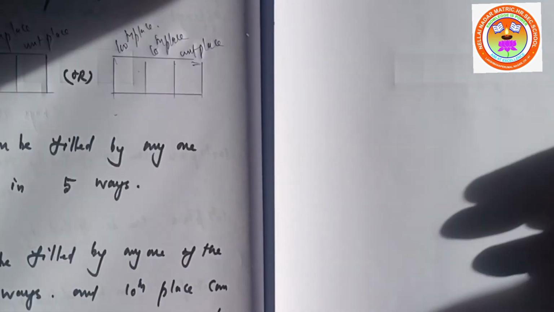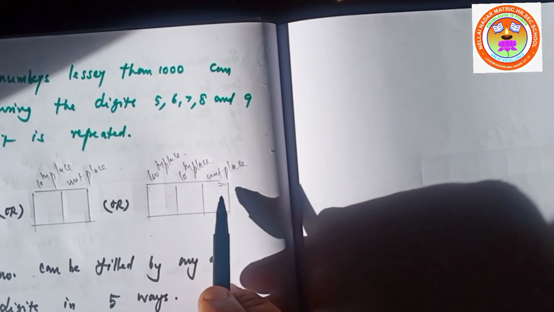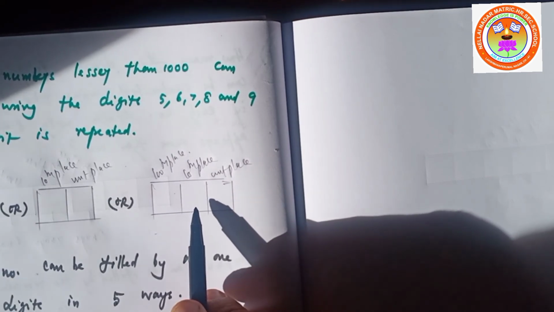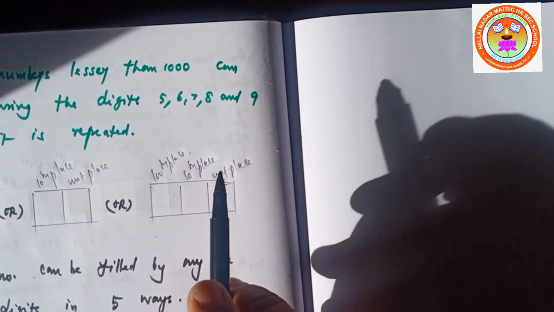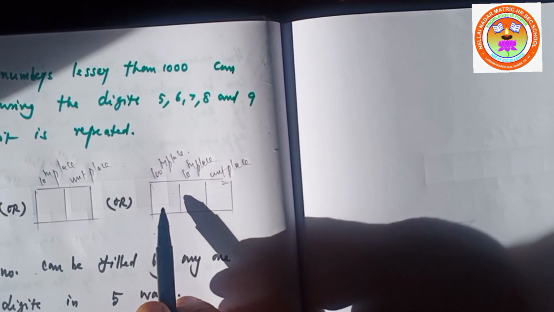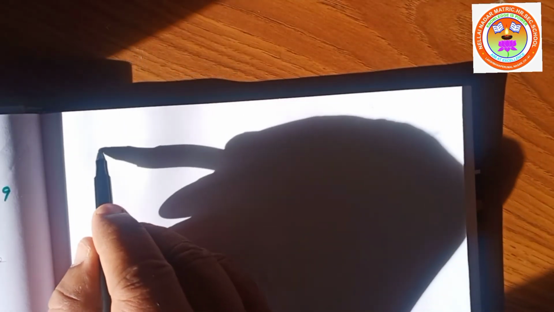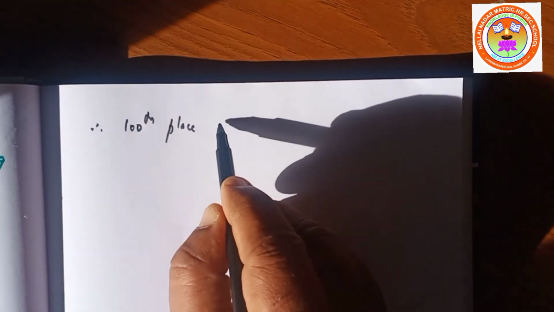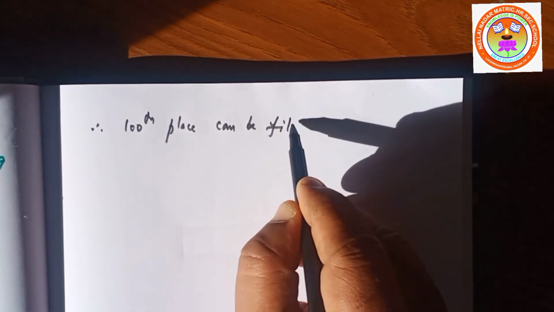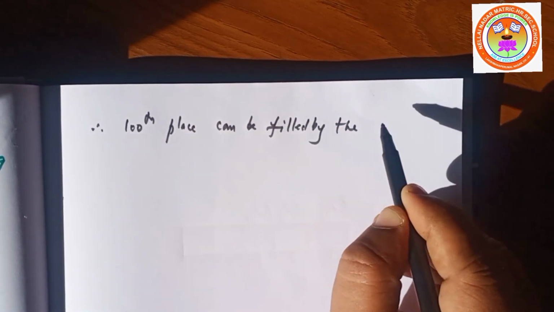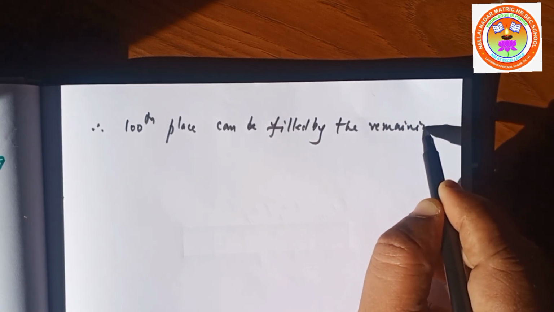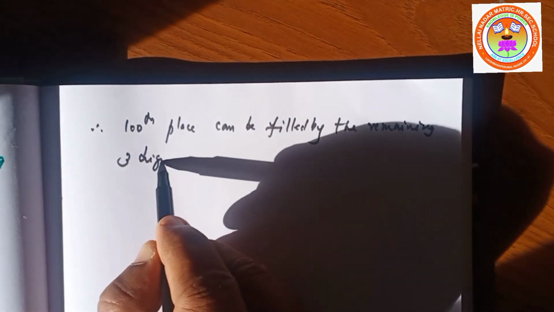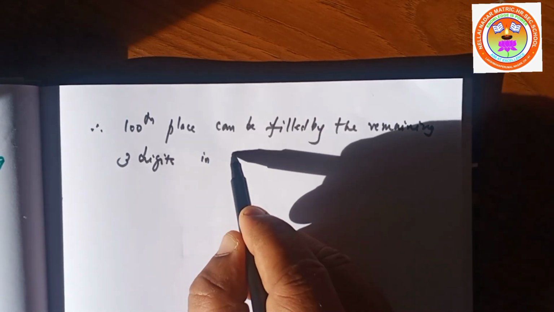Out of five numbers, the unit place can be filled by any one of the five digits in five ways. So remaining we have only four digits, so the 10th place can be filled by any one of the remaining four digits in four ways. Then we have only three numbers. So the 100th place can be filled by the remaining three digits in three ways.